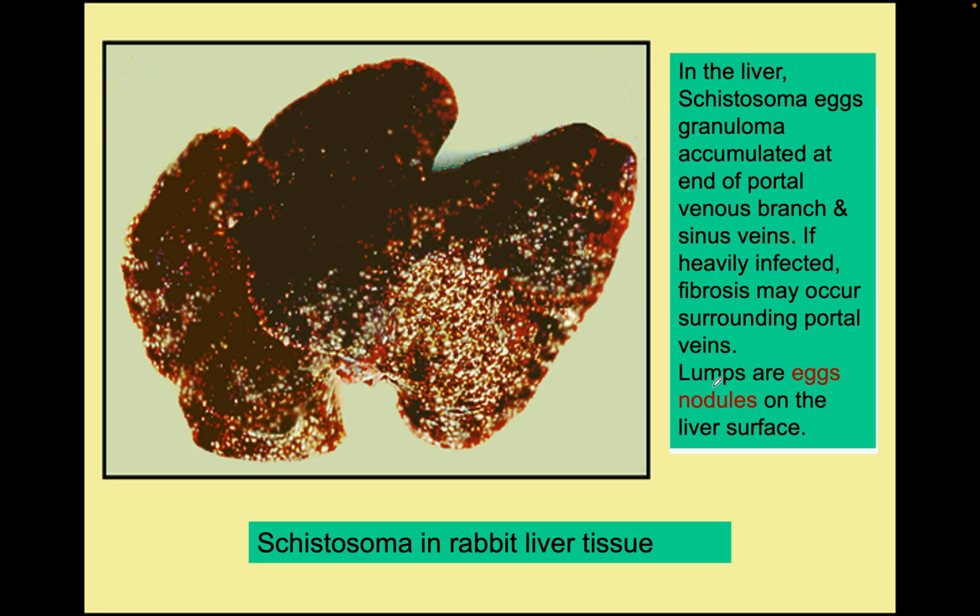If heavily infected, as this picture shows, fibrosis will occur surrounding the portal veins, and there will be lumps on the liver surface.